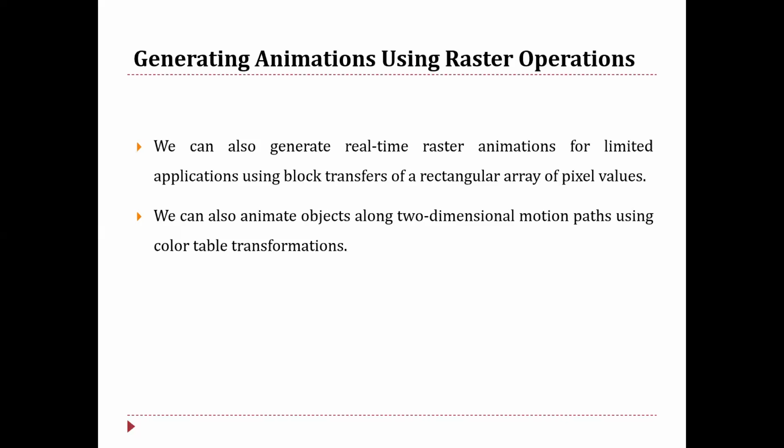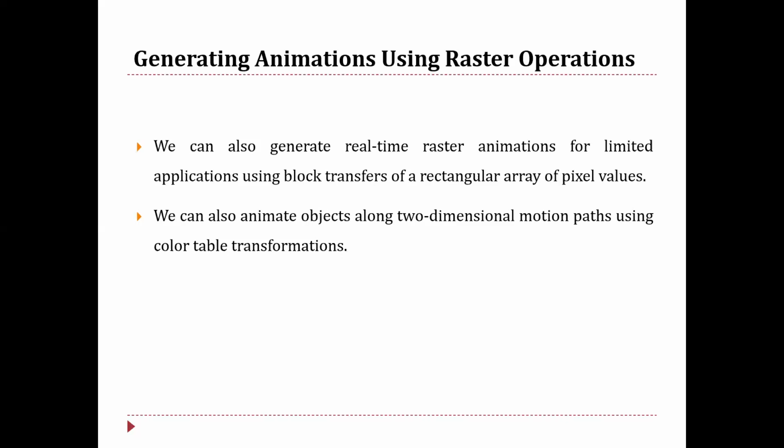A sequence of raster operations can be executed to produce real-time animation for either two-dimensional or three-dimensional objects, as long as we restrict the animation to the motions in the projection plane. Then no viewing or visible surface algorithm is used, and we can also animate objects along two-dimensional motion paths using color table transformation.